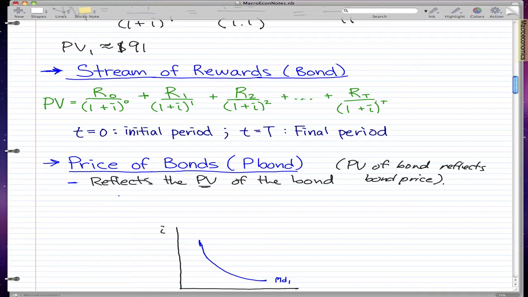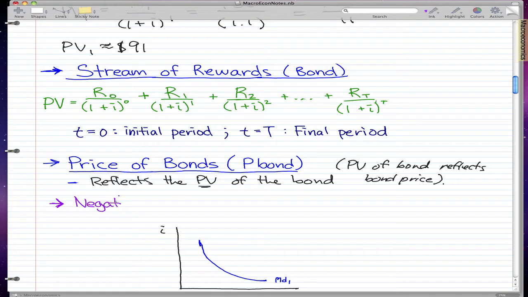One important thing that you must know is that there's a negative relationship between the interest rate and the price of bond. So let's just write that down first.